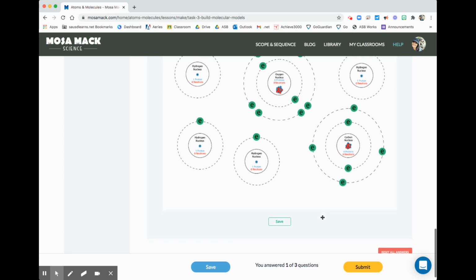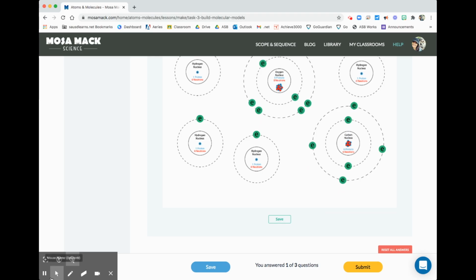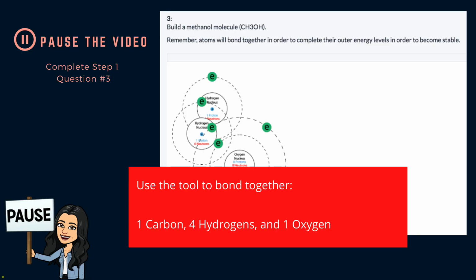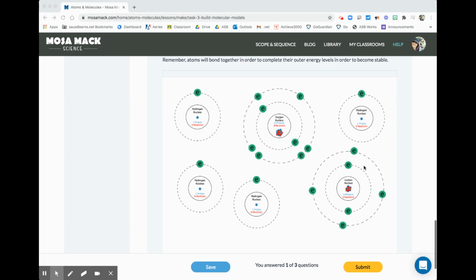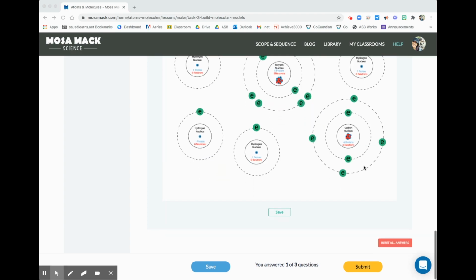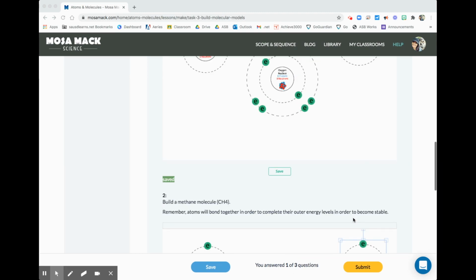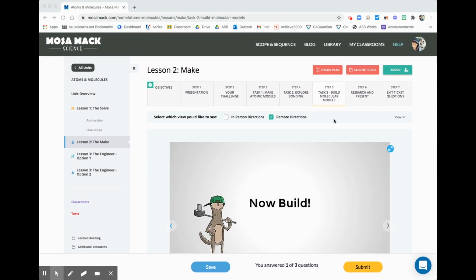Once you're done with that, make sure you hit save. Once you think you are completely correct on all 3 of your atoms, make sure you come down here and submit step 5, and you guys are done for the day. We worked on step 4 and step 5 for the day.